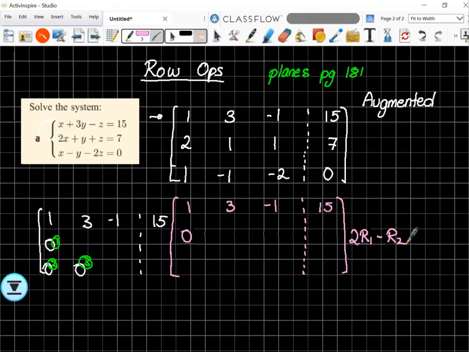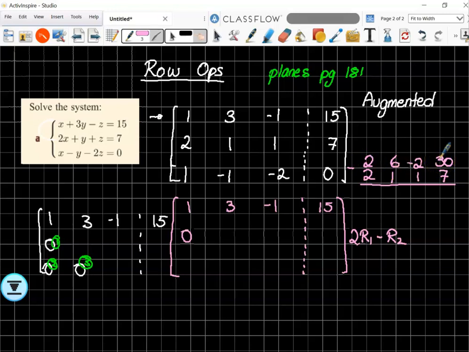So over here, I will say 2 row 1: 2, 6, -2, 30. And we're going to subtract 2, 1, 1, 7. Sometimes I forget to times every term by the 2. So I would have put 2, 6, -2, and then I might have put 15.